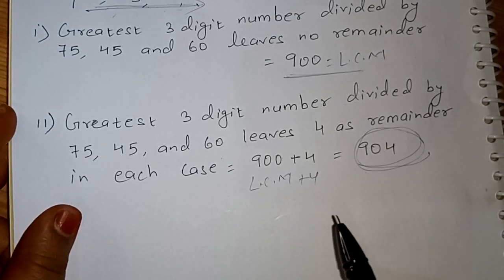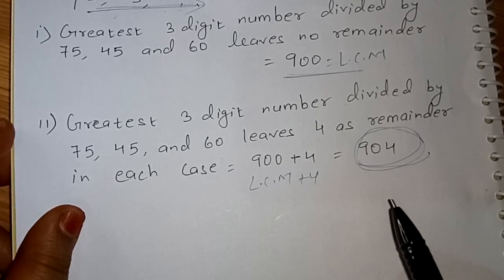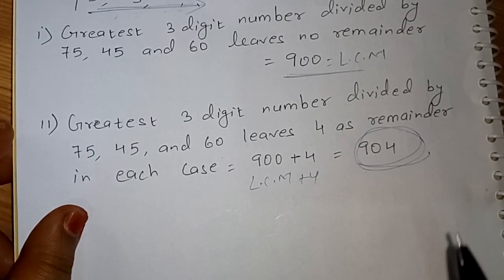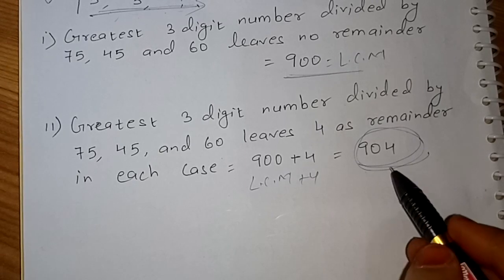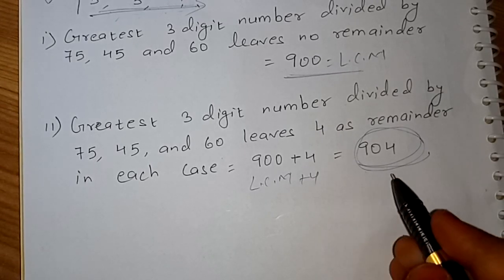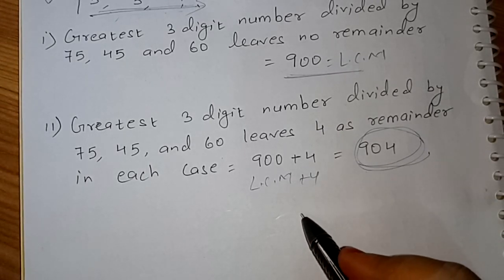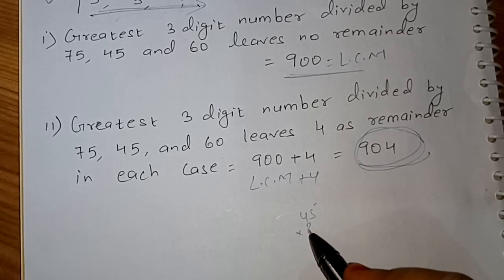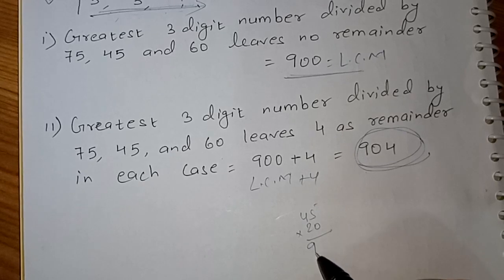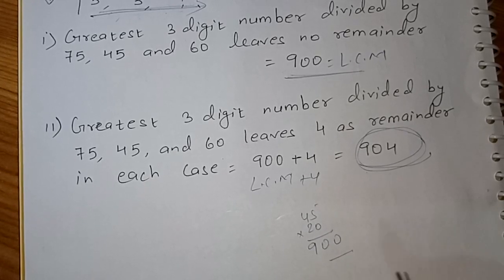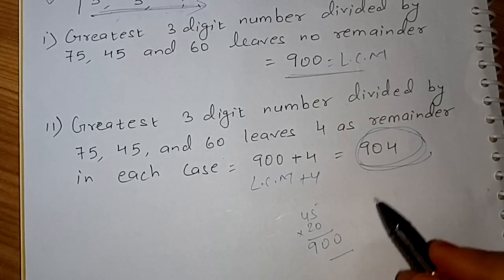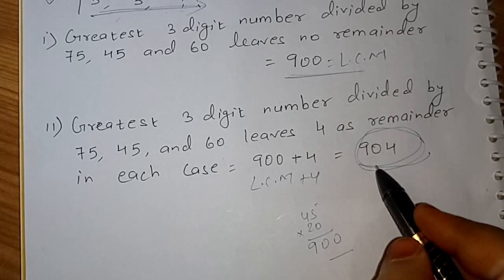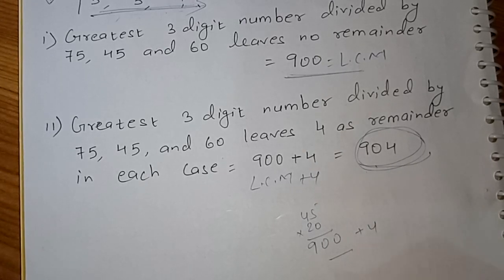You also can check it. When you divide, you will find out whether this is true or not. For example, 45 times 20 is 900. Now 904 means plus 4.